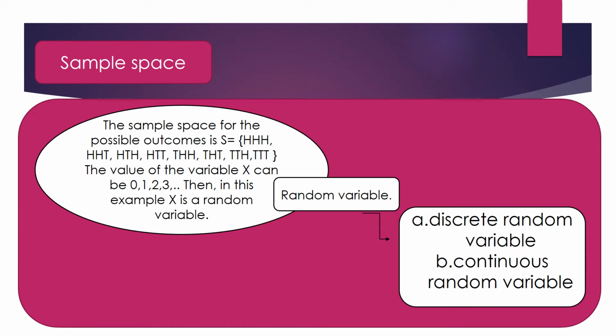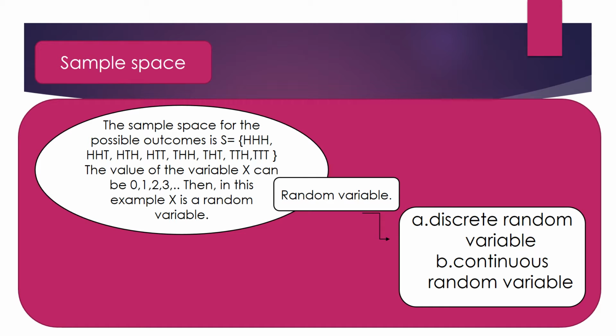And we have also the sample space. The sample space is the set of possible outcomes of an experiment. So in that last figure, we have the sample space: head, head, head, and so on down to tail, tail, tail.